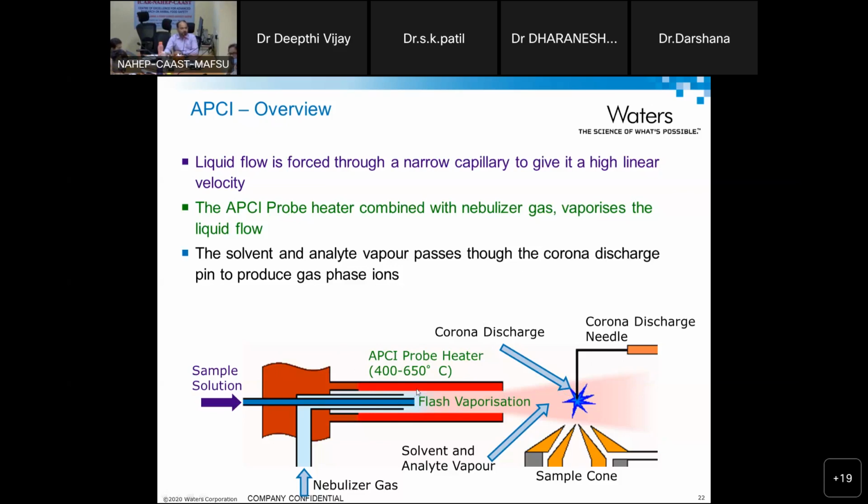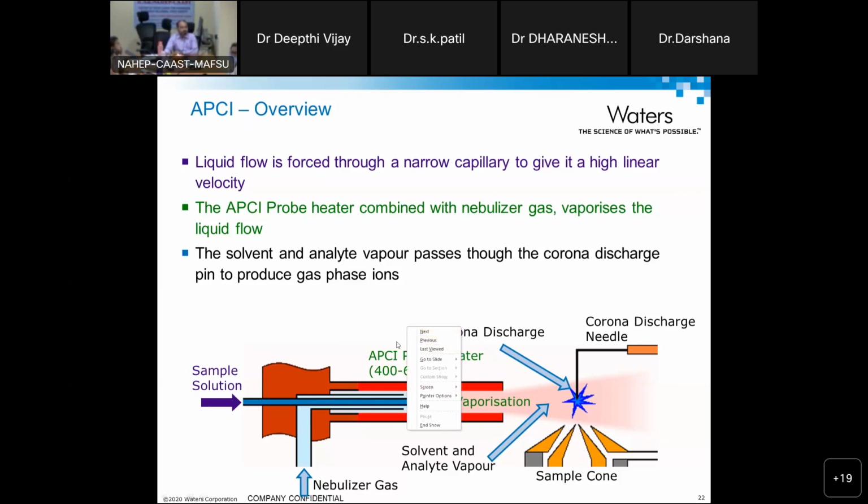Now if you have looked carefully at the APCI probe schematic diagram, the tip of the capillary is slightly inside the probe. Okay, because it functions by heating the APCI probe to a certain high temperature, and then the vapors further move to the corona discharge pin.